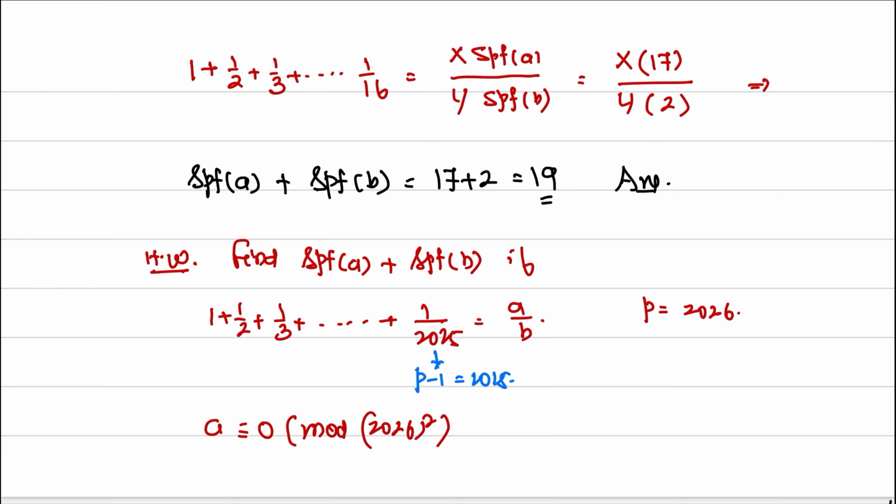From this, you can find out the smallest prime factor of A. Try to do it, if you can. But here the value P is not a prime. That is the problem. Not prime. Hence, there will be a question mark.